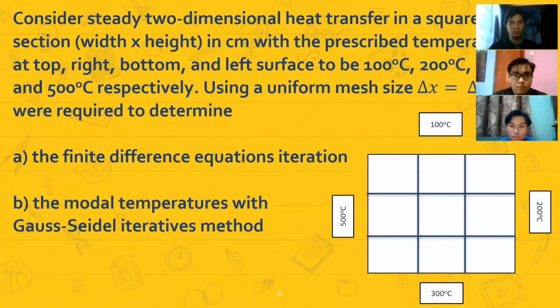Using a uniform mesh size, where delta x is equal to delta y, which means the length is the same, we were required to determine the finite difference equation iteration, and the nodal temperatures with the Gauss-Seidel iterative method.